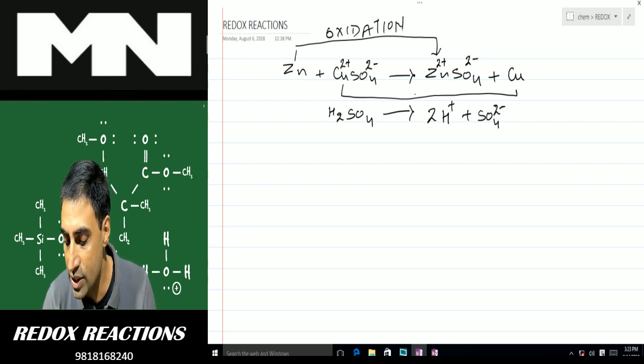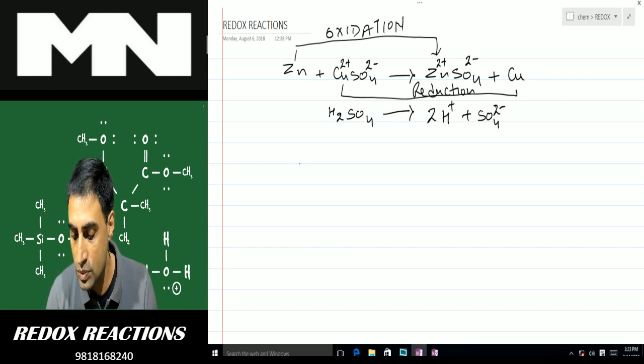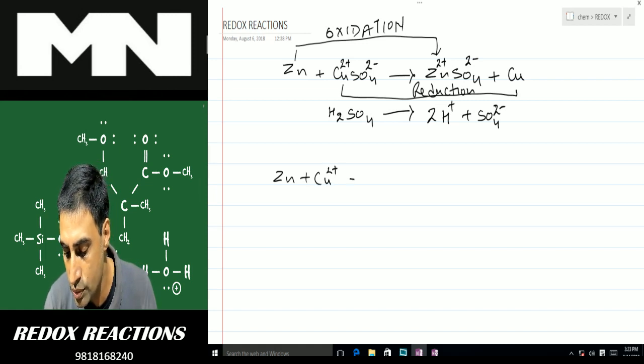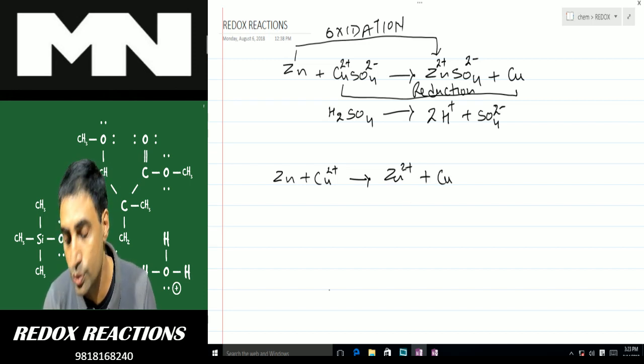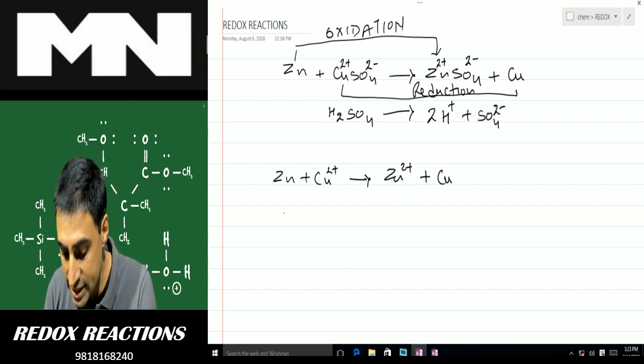And this gain of electron is known as reduction. If I cancel out sulfate ion from both the sides, the equation becomes Zn plus Cu2 positive will give me Zn2 positive plus Cu.